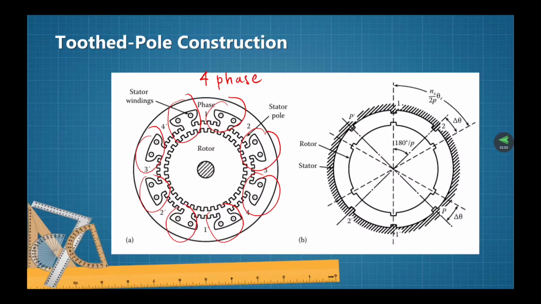picture, we see a schematic diagram for generalizing the step angle equation.